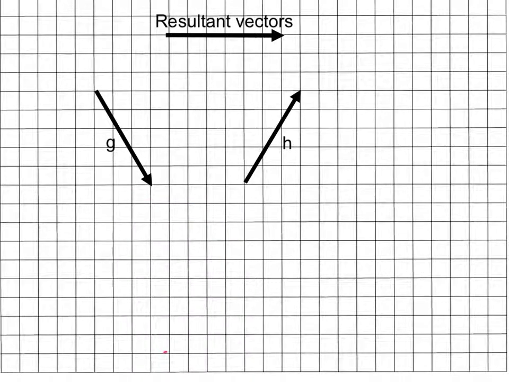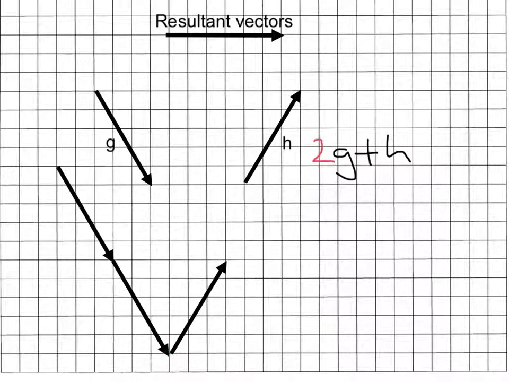So now you can find the resultant of vectors such as g plus h. But now what we're going to do is extend this so we can find the resultants of multiple vectors. So what if we had the resultant of 2g plus h? Well, the answer is it's still just as simple. What we do is we find two lots of g and then we add the h to it.